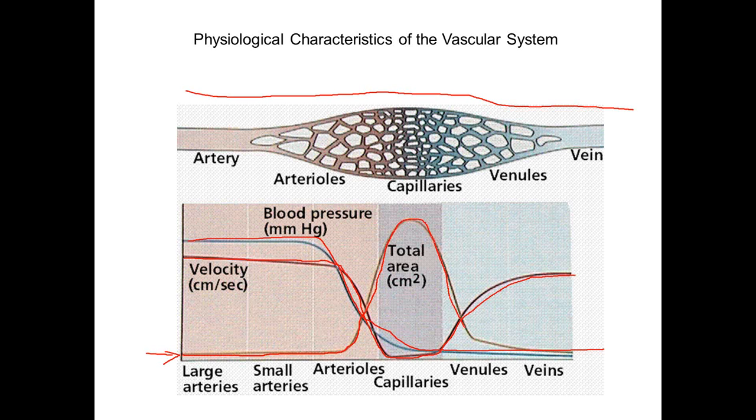So the amount of surface area available for exchange is huge. There's a huge surface area of blood vessels to enable physiological events to take place, for gases to go in and out, nutrients, waste products, hormones, and so on. So there's a big surface area of coverage for the blood.